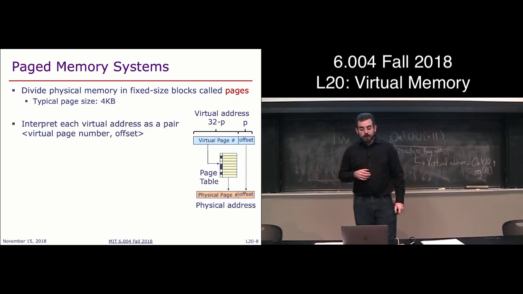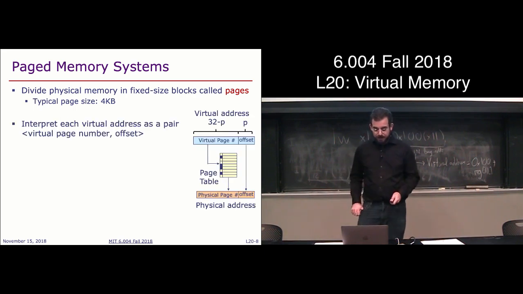And so what we're going to do is translate or interpret a virtual address as an offset into a particular page and a page number. And so if this is a virtual address, we call this a virtual page number, which we're going to translate into a physical page number to produce the physical address.